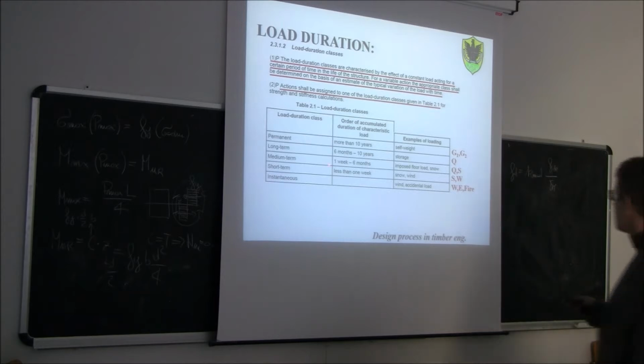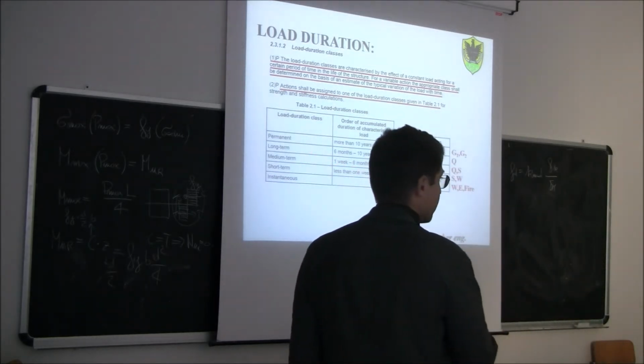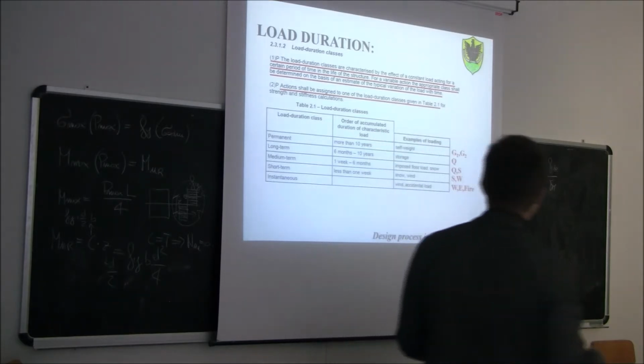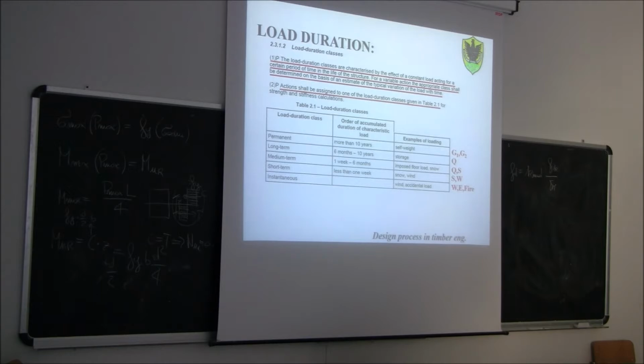Then you have a medium-term load duration class, between 1 week and 6 months. What are the typical loads where the duration is between 1 week and 6 months? Imposed floor loads. So for example, the variable load in this room can be regarded as medium term, and the snow load, depending on the altitude.